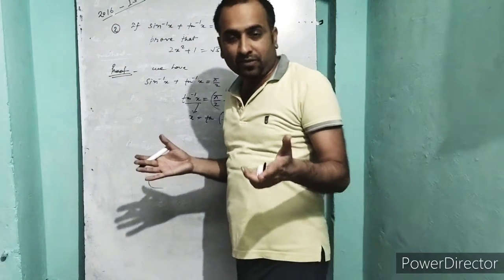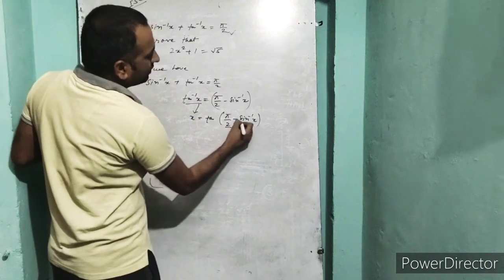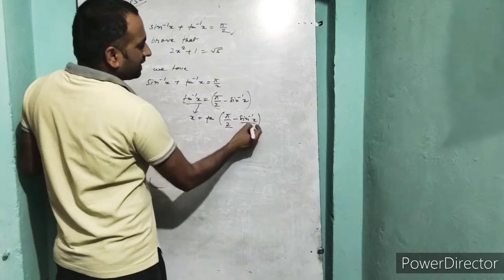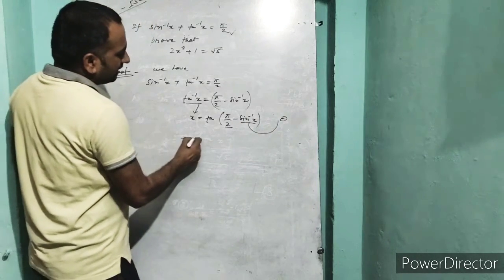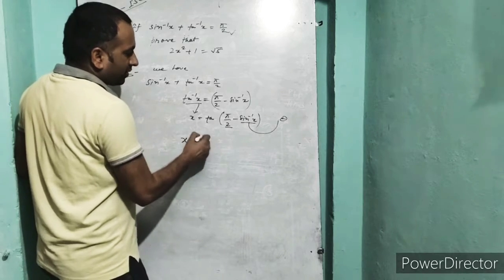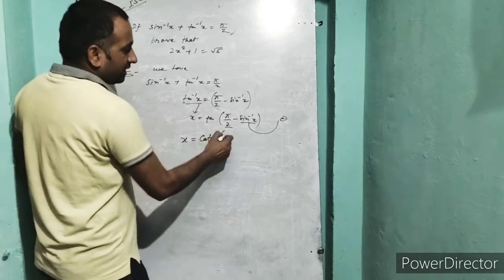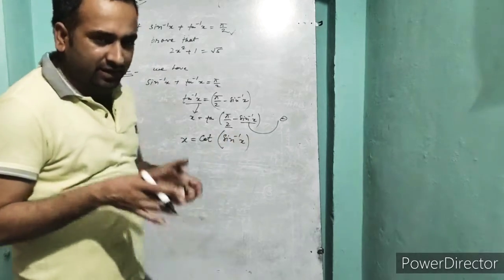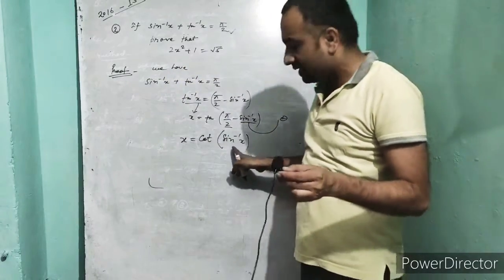Tan 90 minus theta is cot theta. Now see here, it's your 90 and it is your theta. Is it clear? So x is tan of 90 minus theta, which is cot theta, and theta is sine inverse x. So can you tell me, sine inverse is a trigonometrical function related to the sine.